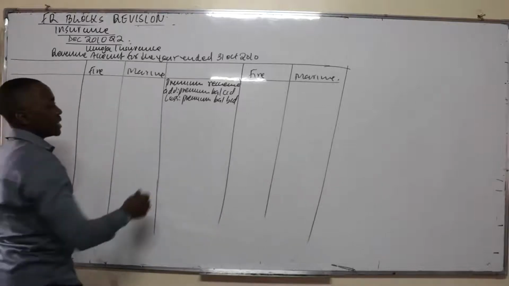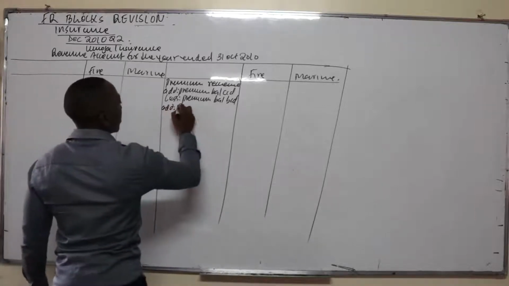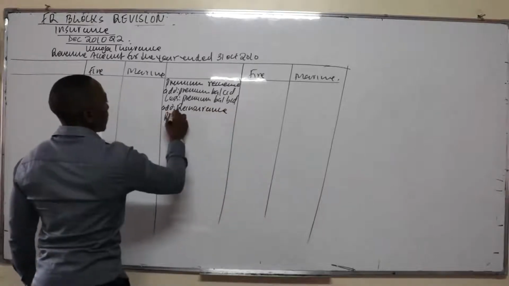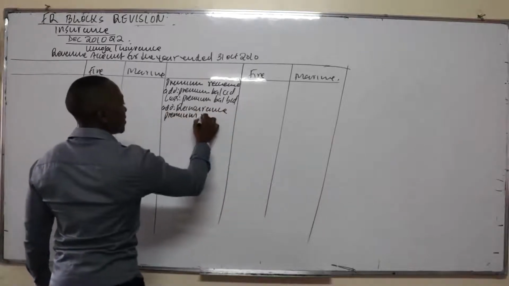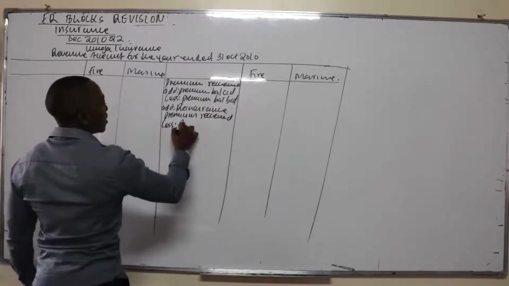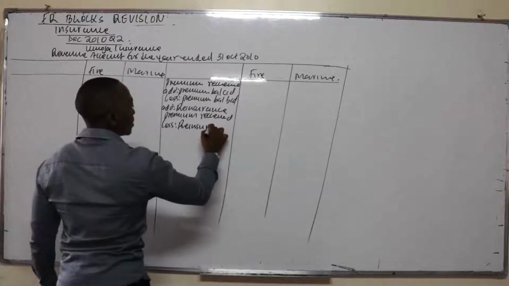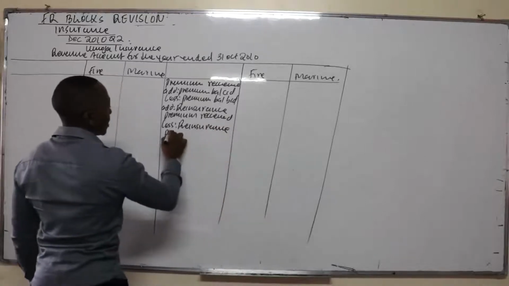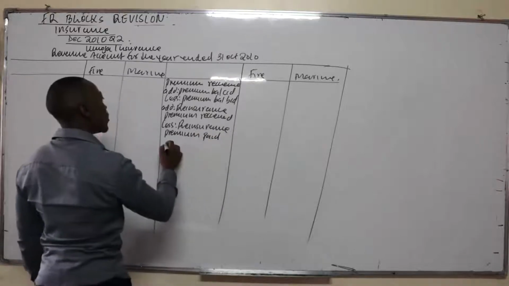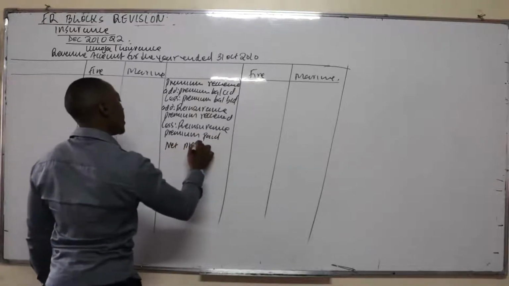Then you add reinsurance premium received, but you deduct reinsurance premium paid. And that's how you get your net premium.